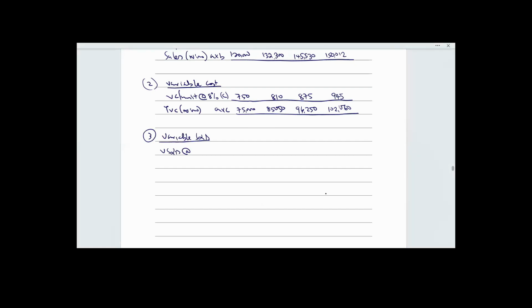So at 6%, the first year price is 100 naira. 100 multiplied by 1.06 is 106. 106 multiplied by 1.06 equals 112. 112 multiplied by 1.06 equals 119.